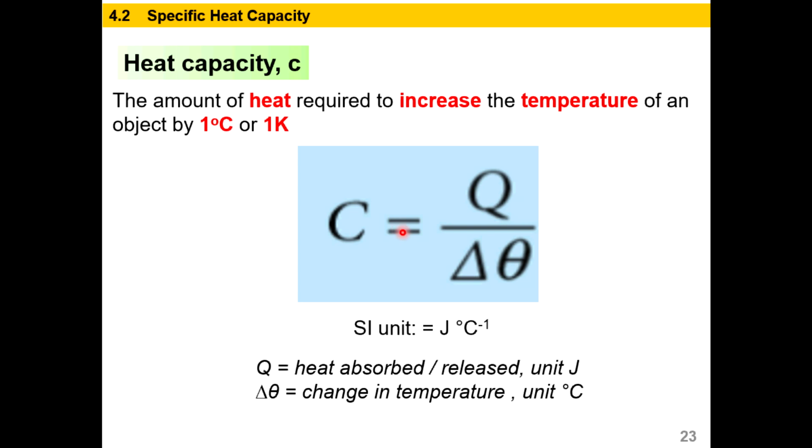So C equals Q over delta theta. Since Q is the heat absorbed or released, the unit for heat is the same as the unit for energy, which is joule. And the temperature is in degrees Celsius, so the unit for heat capacity is joule per degree Celsius.